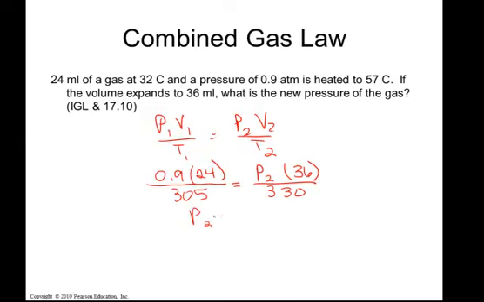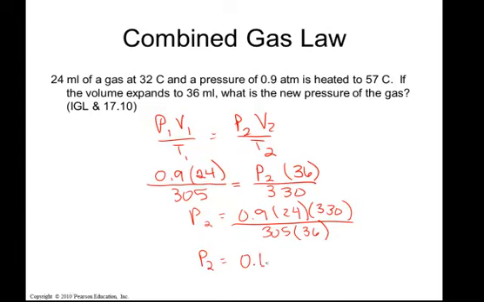So to find P2, I'm going to take 0.9 times 24 times the 330, and divide by the 305 times the 36. And when I do that, I'm going to get 0.6 atmospheres, because it's going to have the same label as my pressure did for the first case.